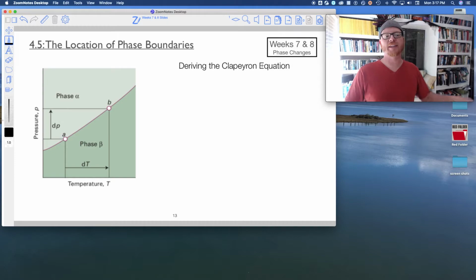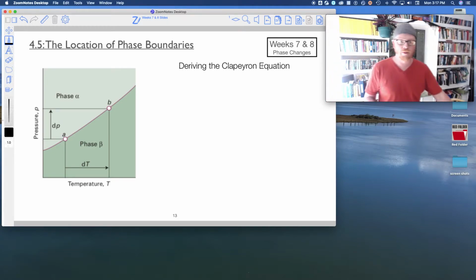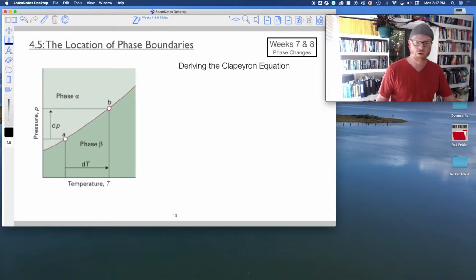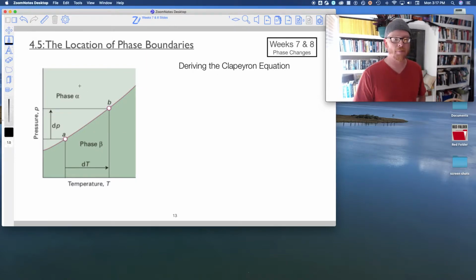So now how do we predict this for any range of increase of pressure and temperature? Well, this is where we get to what's known as the Clapeyron equation, okay? So here's my generic phase diagram, P versus T, with phase alpha and phase beta. The boundary between those phases is given by dP/dT.